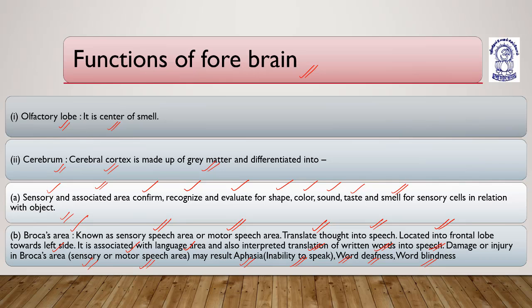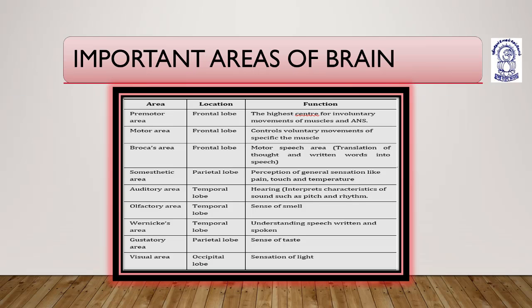It is associated with language, and also helps in the interpretation or the translation of written words into speech, or vice versa. Damage or injury to Broca's area, whether sensory or motor area, may result in aphasia, that is inability to speak, or word deafness or word blindness.